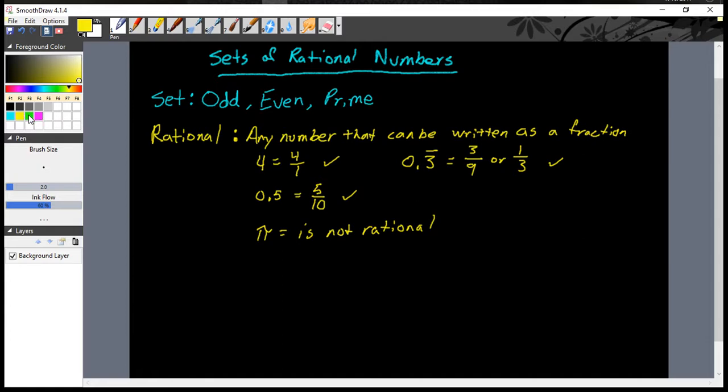One of the smaller sets, slightly smaller than rational numbers, are integers. An integer is a number with no fractional parts.